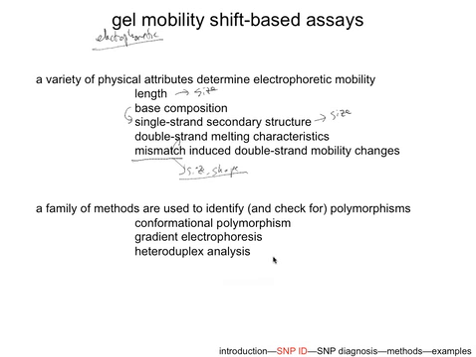But the bottom line is that what we're trying to do is introduce differences in mobility, in gel mobility. So we're trying to enhance those differences so that we can observe them as differences in mobility.